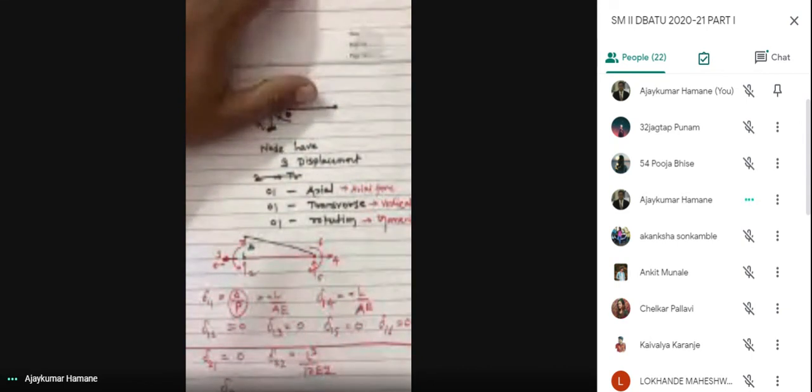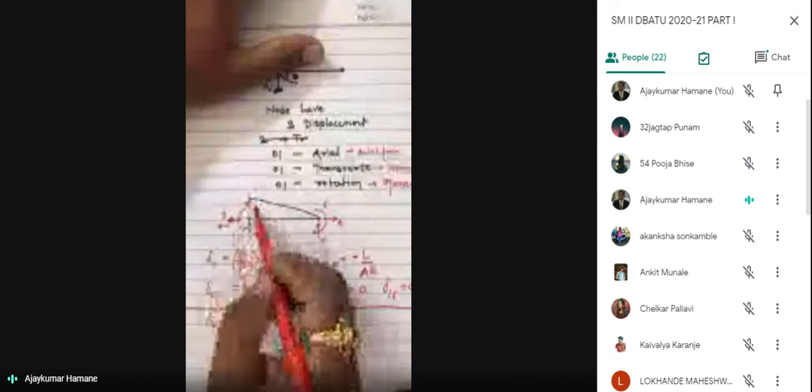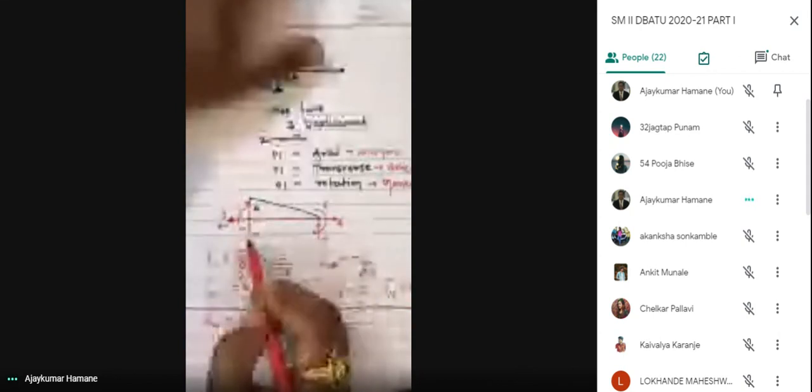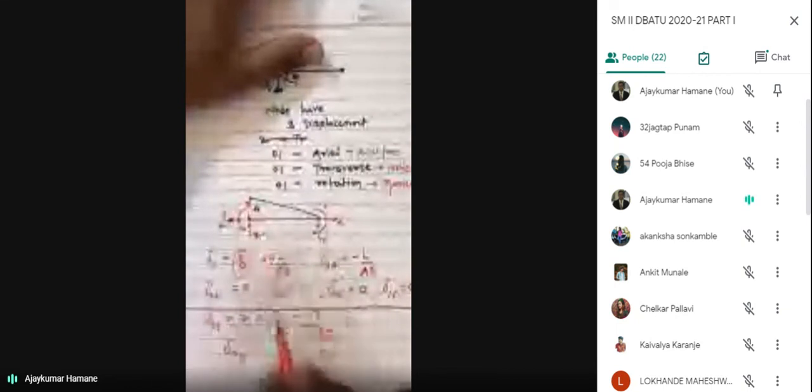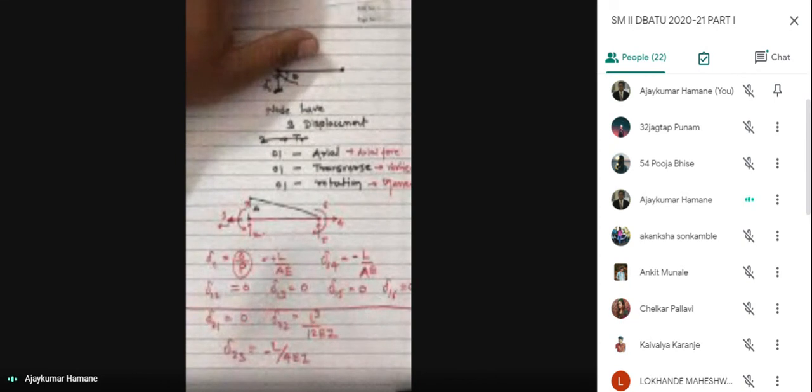Delta 2,3: when we apply the moment at this position, that is rotation, we have the reaction in the opposite direction. Far end is free, L upon 4 EI, in the downward direction, that's why negative.